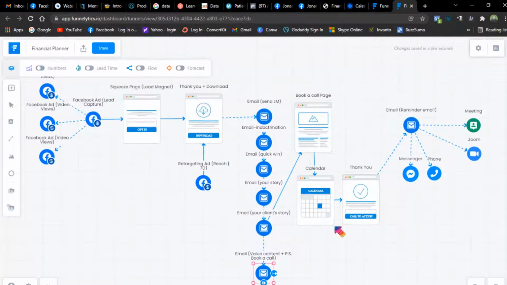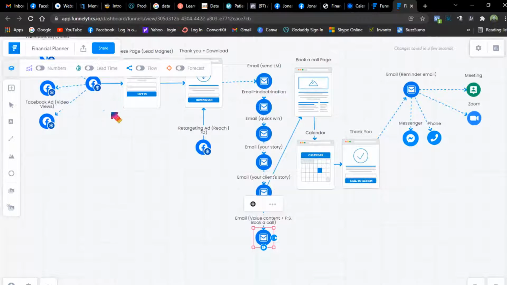That way you only invest once in the ad, and once you've got them as a lead, you can just send them emails and remind them to book a call. Not everybody will book a call on the first touch point. Maybe some will on the third, fifth, or eighth touch point. So the more touch points you have with them, the greater the chance of booking a call.